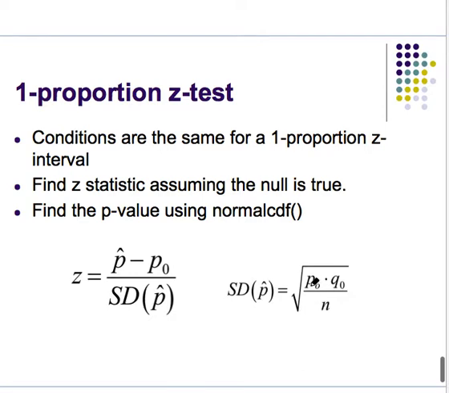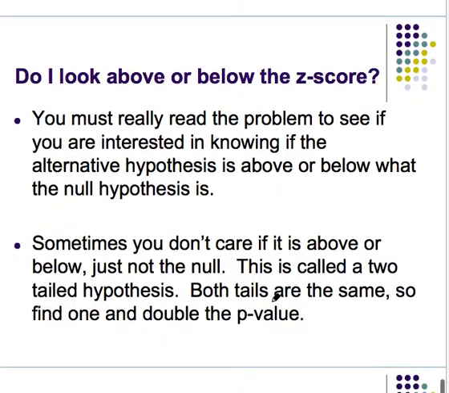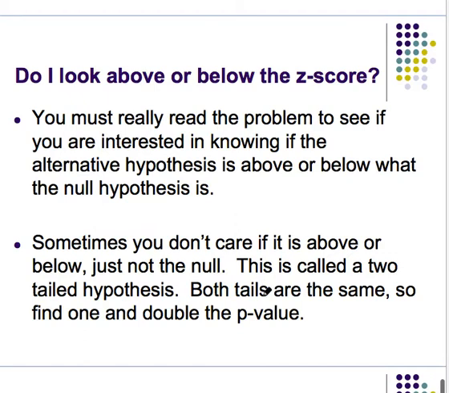Okay, and we're going to take p times q divided by n. So this is all the same. You're finding a z-score, you're finding the standard deviation. Then you have to wonder, do I look above or below the z-score? You really just have to read the problem to determine what the null hypothesis is going to be and what the alternative hypothesis is going to be.